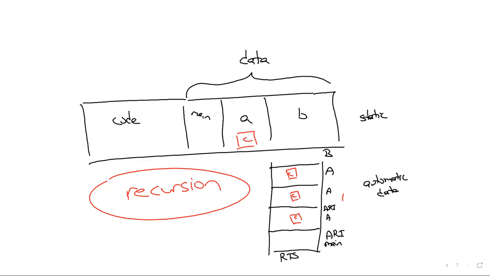If you take a look at the static version that used to be, you cannot run A twice at the same time. It's one or the other, right? But if you have this actual runtime stack, we're getting a side advantage known as recursion.